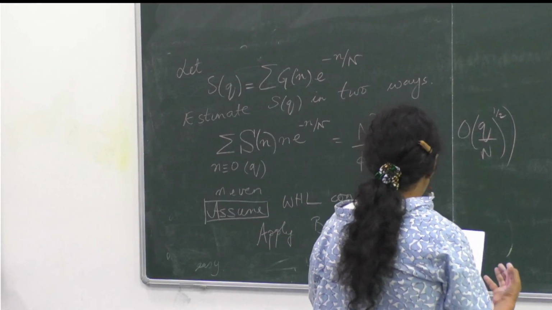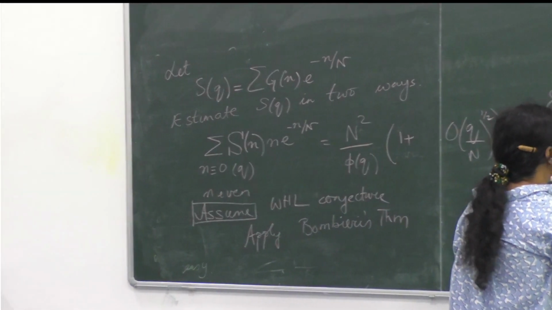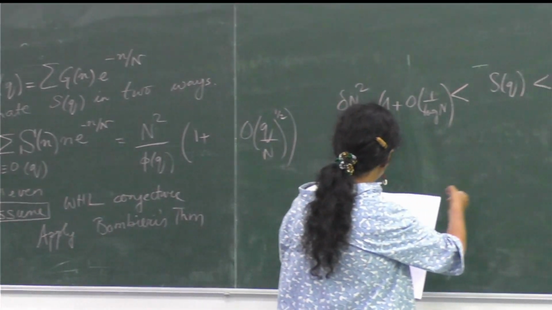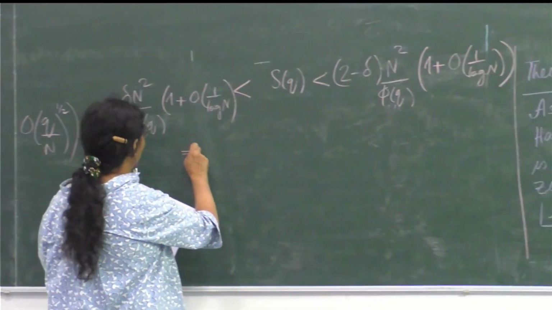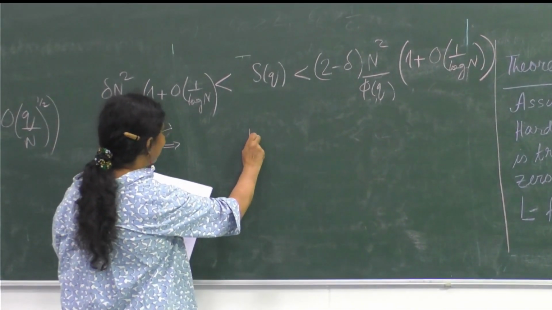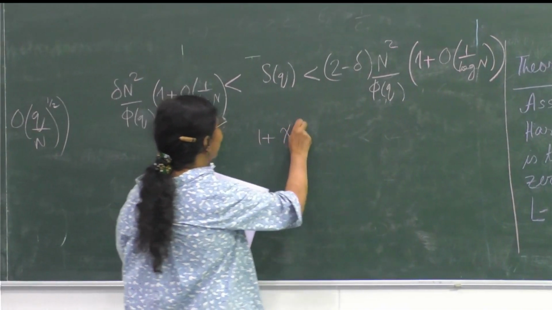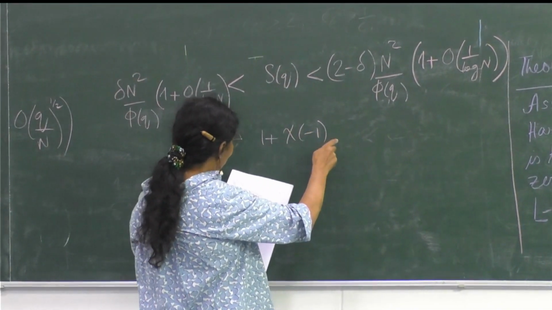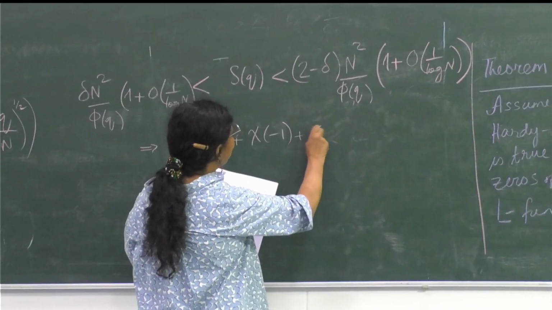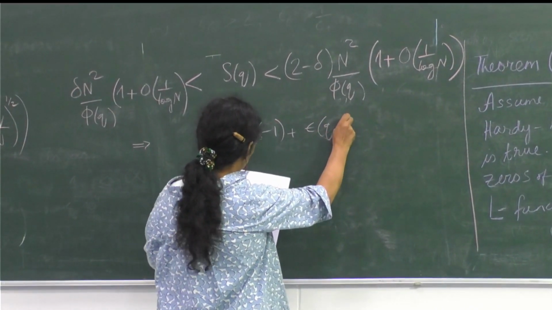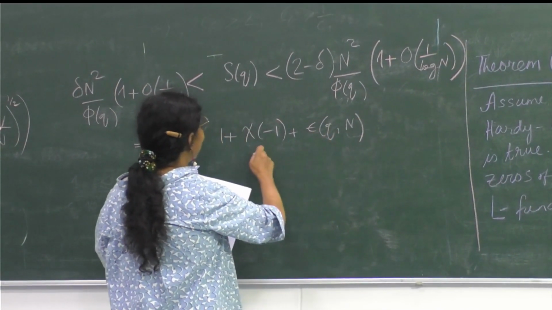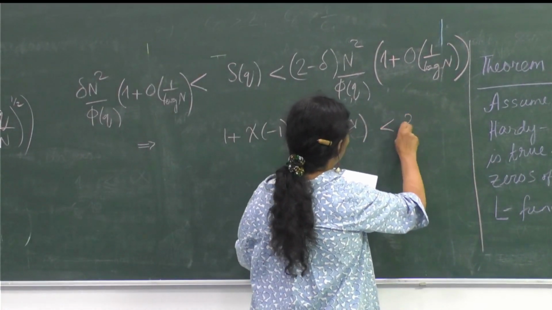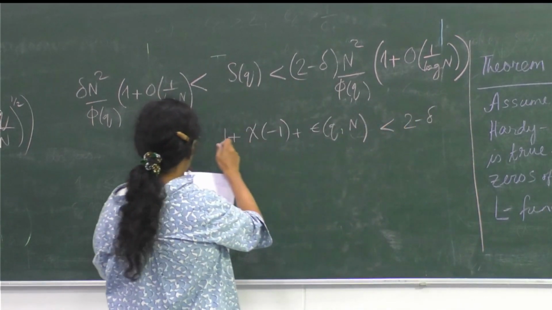All right. So then this happens, and this gives us a consequence that 1 plus chi minus of 1, you remember your chi, plus epsilon qn, which we can bound, is between 2 minus delta and delta.